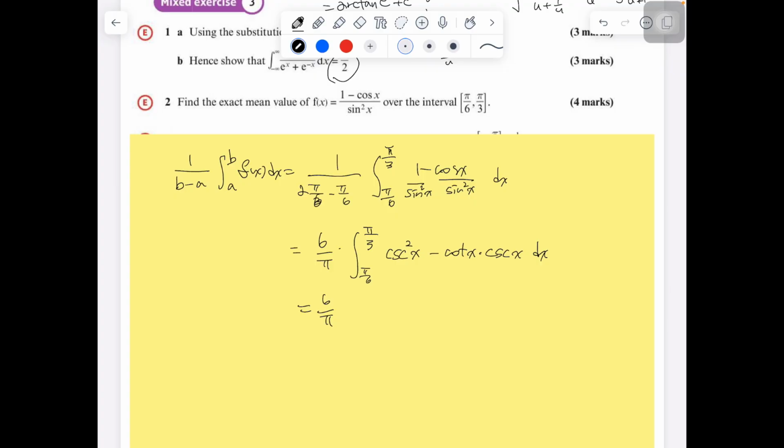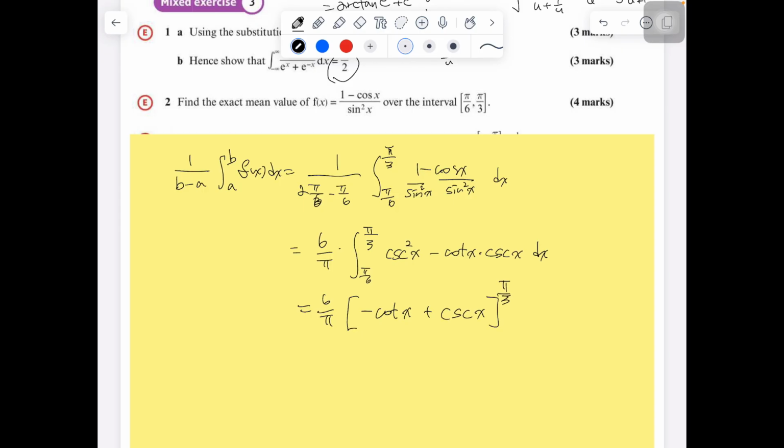So we know those, whose derivative becomes negative cosecant squared x. This one, negative cotangent of x, minus negative cosecant of x, because cosecant of x has derivative negative cosecant x cotangent x. So this becomes cosecant of x.